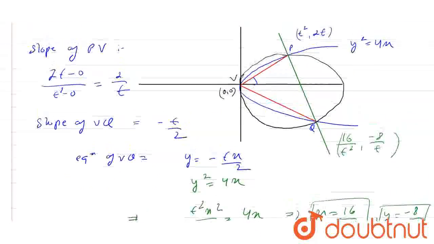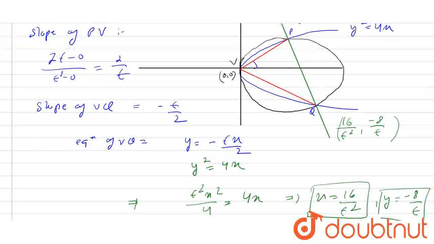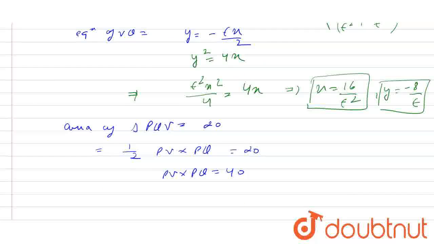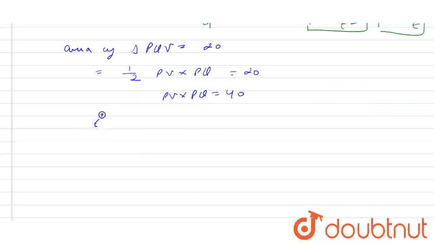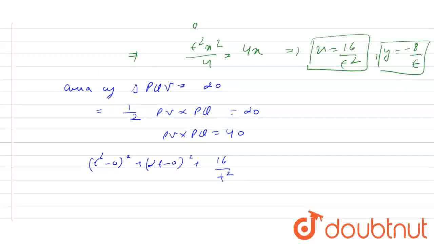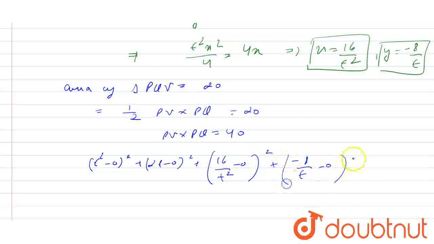PV distance, coordinates are t square comma 2t: t square minus 0 whole square plus 2t minus 0 whole square, into VQ: 16 upon t square minus 0 whole square plus minus 8 upon t minus 0 whole square, is equals to 40.